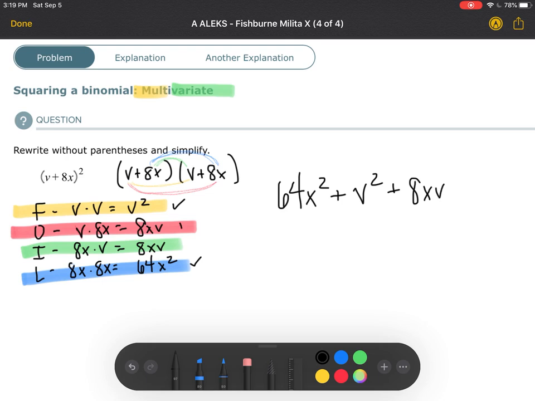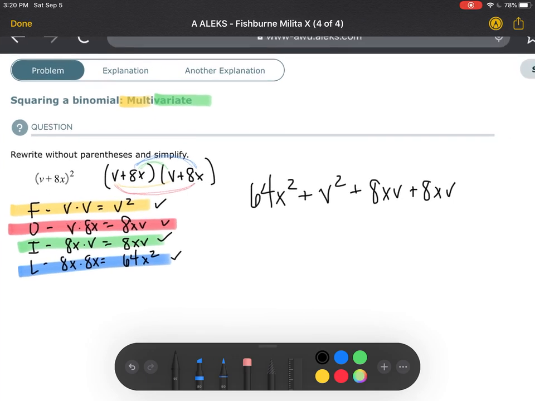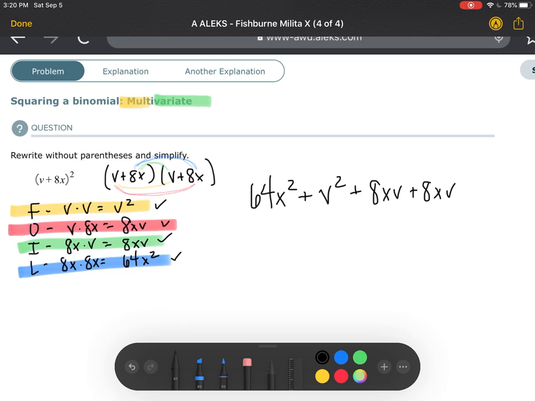Plus 8xv plus 8xv. Okay, now, I'm going to use the same colors as I did in this one, but just know that this part to the left is going to be how to actually distribute terms within a parentheses using FOIL, and the colors on this one on the right are going to be how to combine those terms.